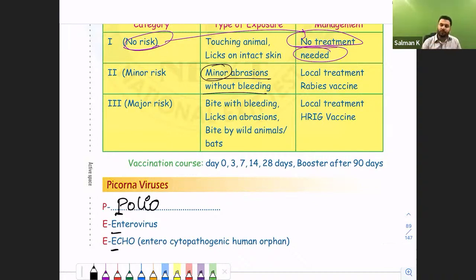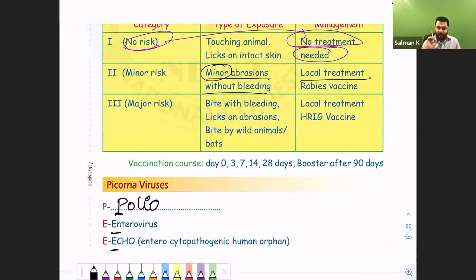If there is a scratch which is not bleeding, you should know it's a superficial scratch. Then the risk of rabies is also less. Again, risk is less, but it's not completely absent, right? So you're not going to take it so lightly. So what to do to be on the safe side? First, local treatment. Clean the wound properly, right? Wash the wound with abundant soap and water.